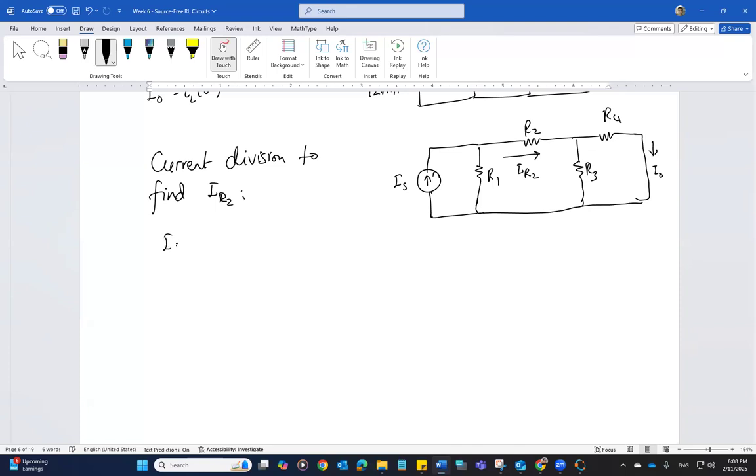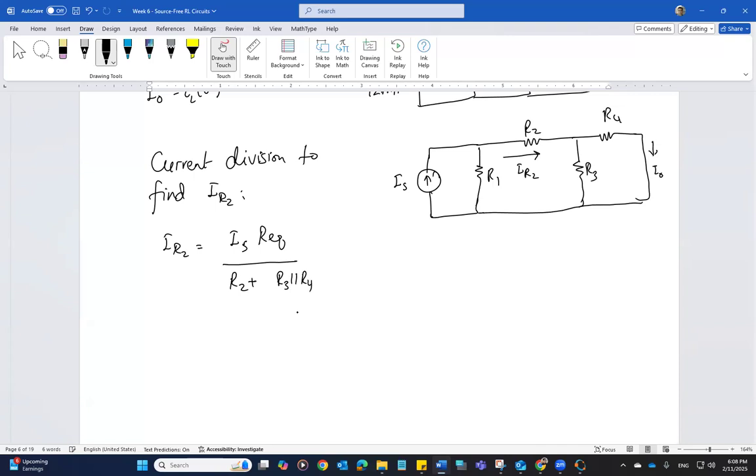Okay, so IR2 will be equal to the total current, which will be divided into R1, and then R2 in series with the parallel combination of R4 and R3. So the equivalent resistance R equivalent, divided by R2 plus R3 parallel with R4.